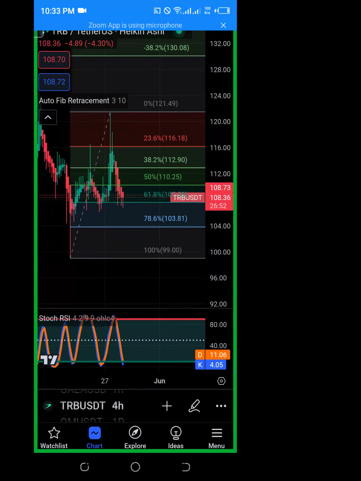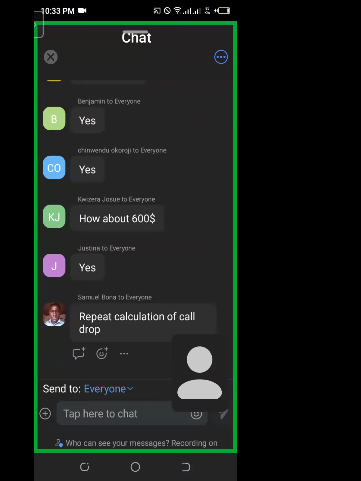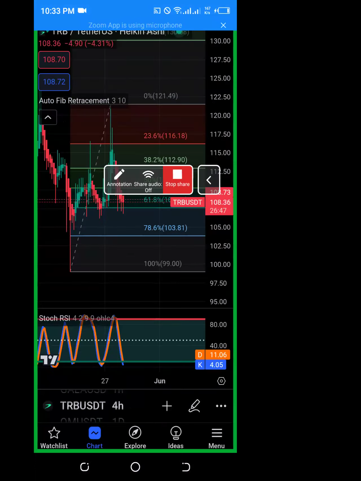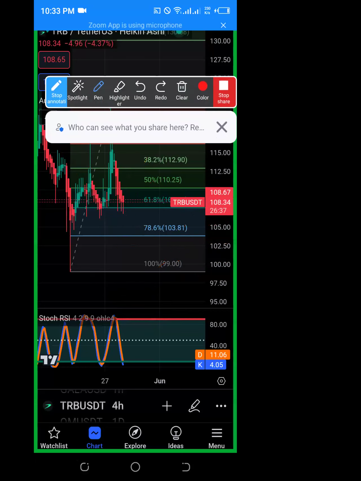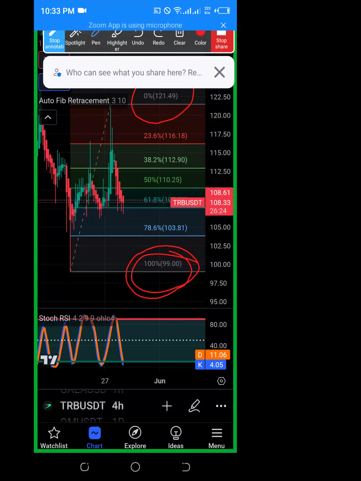When you see 100% at the bottom, and there is 0% on top, my friend, this is what we call the uptrend.